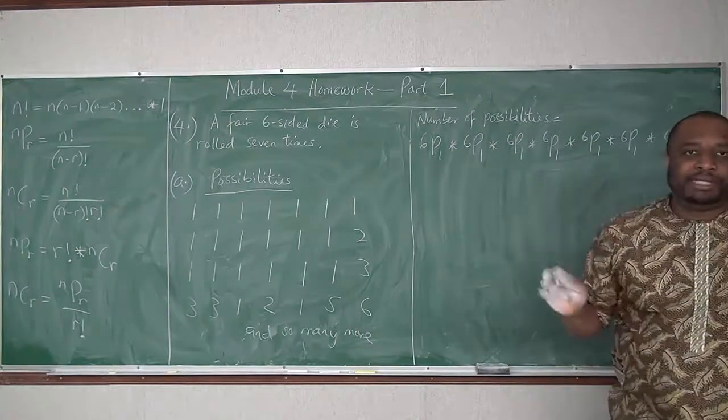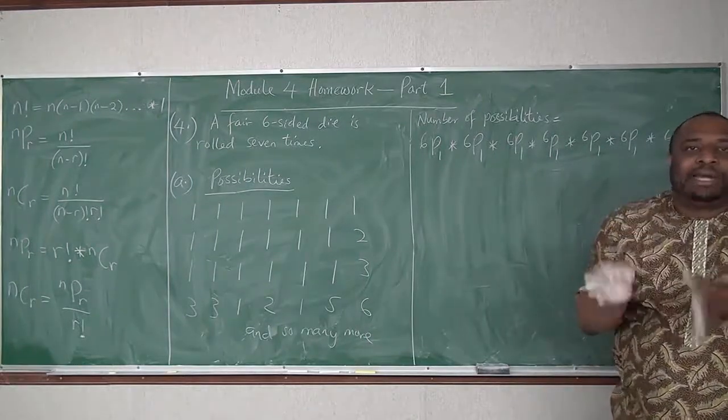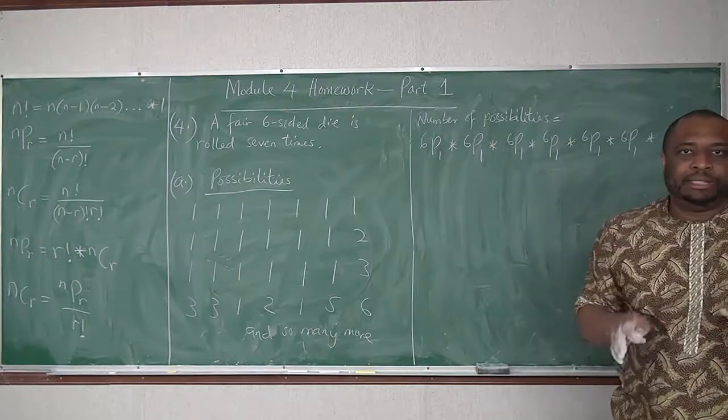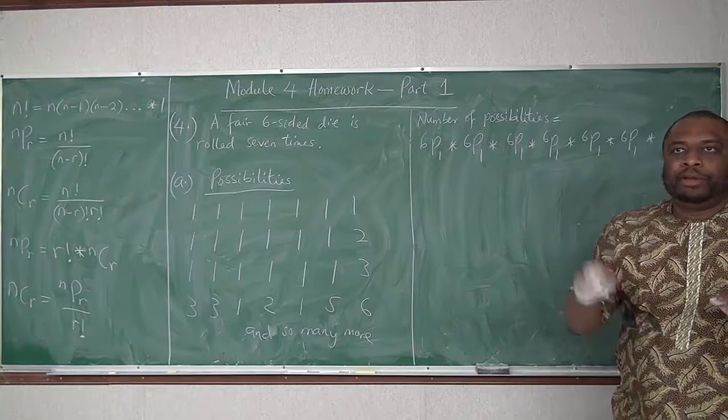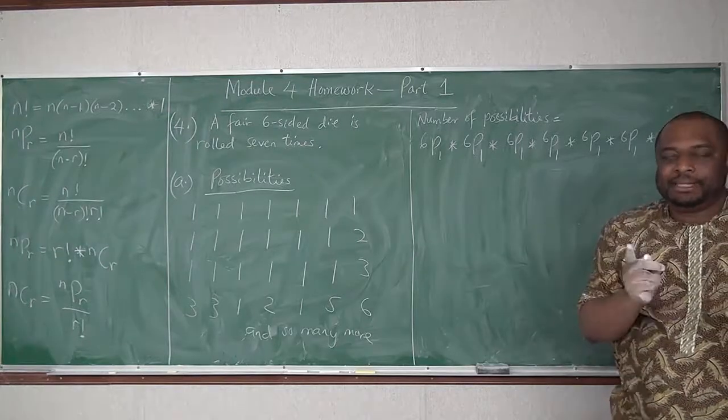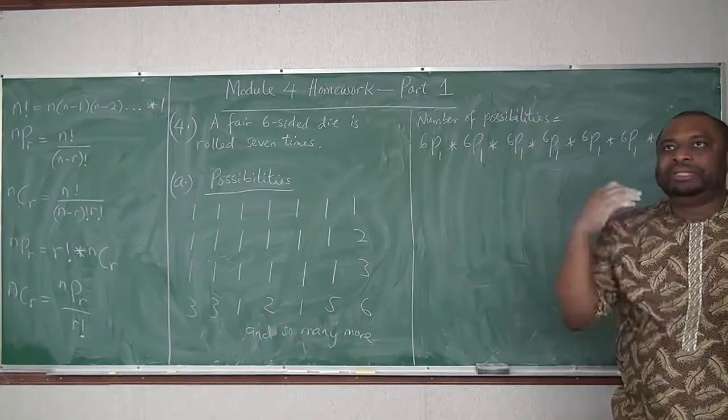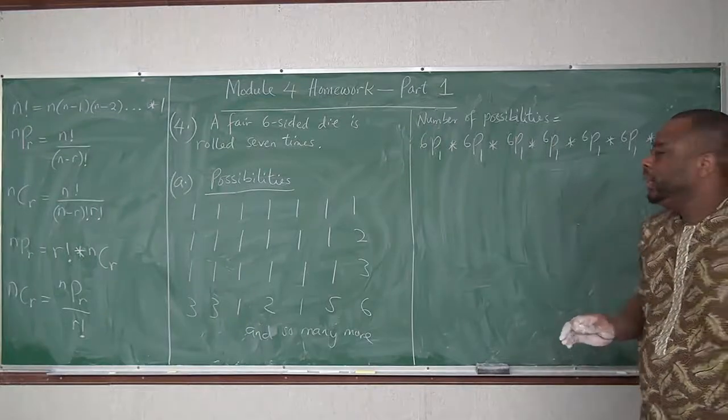These are the possibilities because each one is ordered. You can only get 1 out of 6 and it is ordered. So this is a case of permutation.